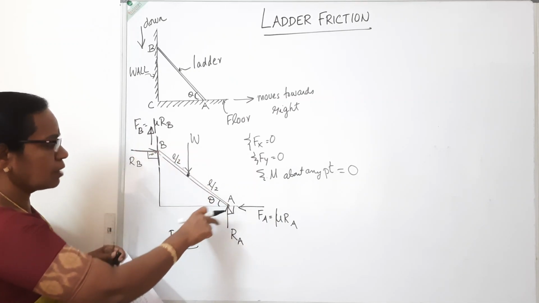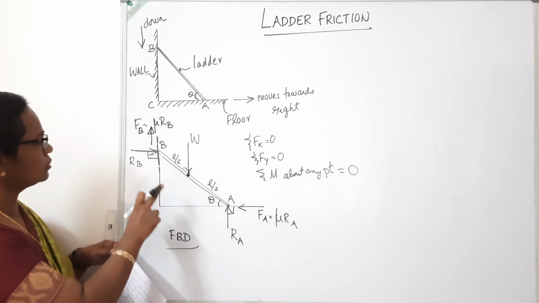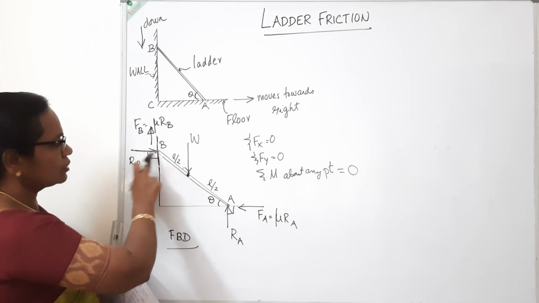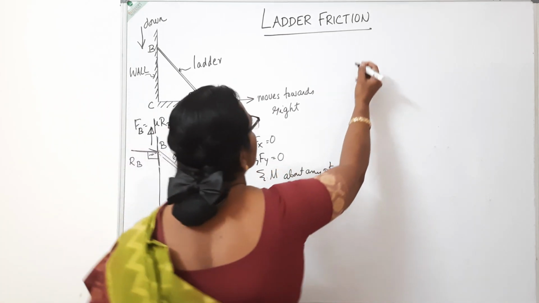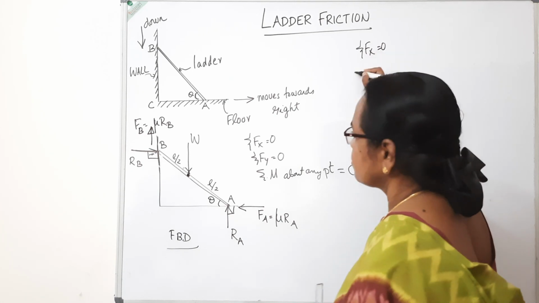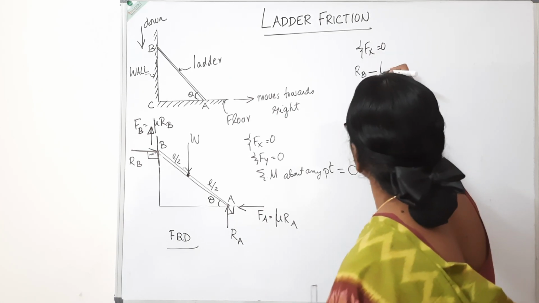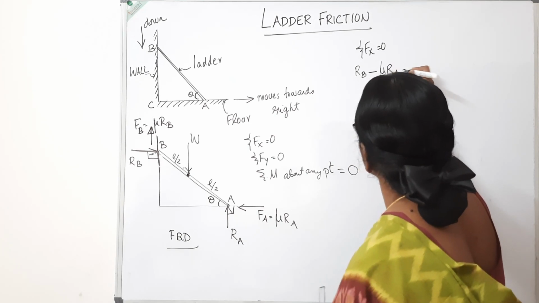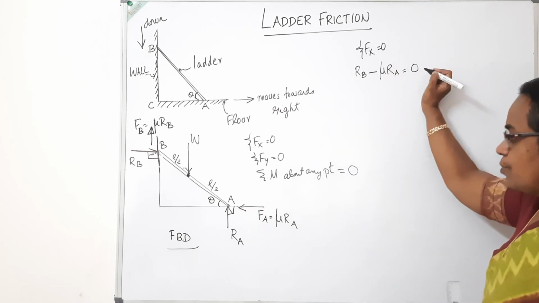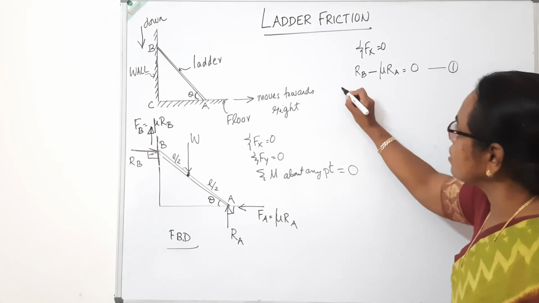These are the forces we have marked here. We write sigma Fx equal to 0. Sigma Fx equal to 0 will give you RB minus mu RA equal to 0. That is one equation. Then sigma Fy equal to 0.